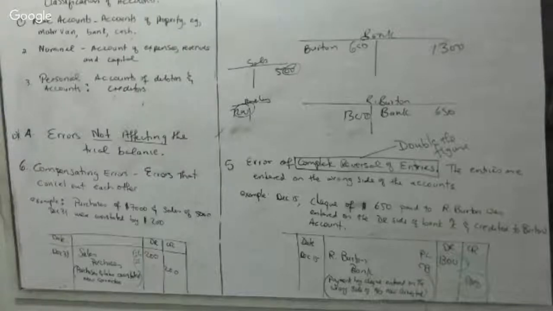All right, so here's what I'm going to ask you to do. You don't need to put it in the journals, but just go through and identify what you're going to debit and what you're going to credit, and which error it is. Then we're going to discuss it, right?